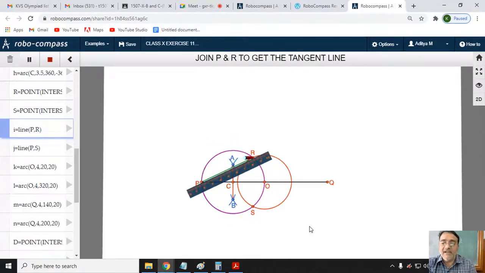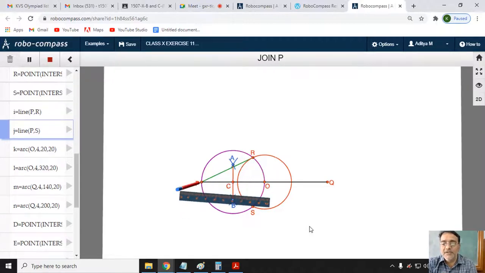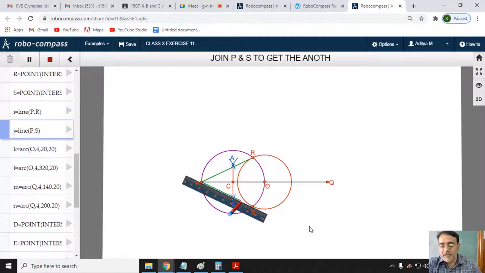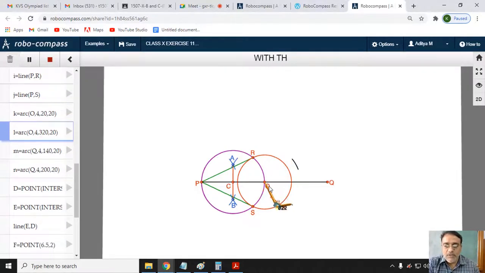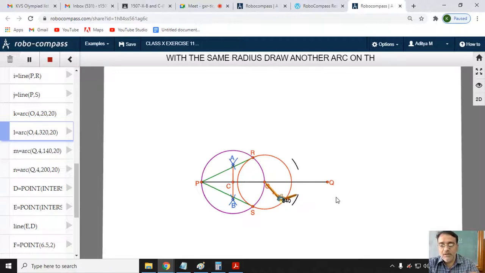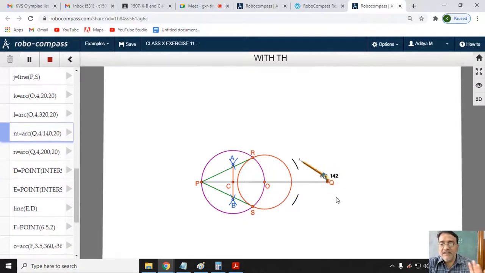Now after that we have to draw the tangents from point Q. So the process we did from point P, we will do the same process here. So first we are going to draw the perpendicular bisector of OQ. For that, with center O, we have to draw two arcs on both sides, such that the radius should be more than half of OQ.